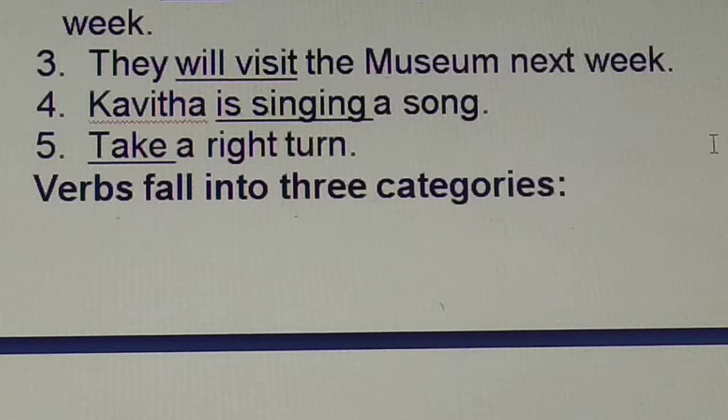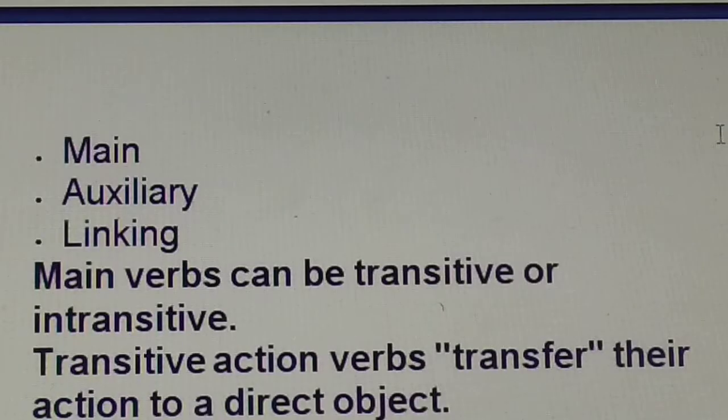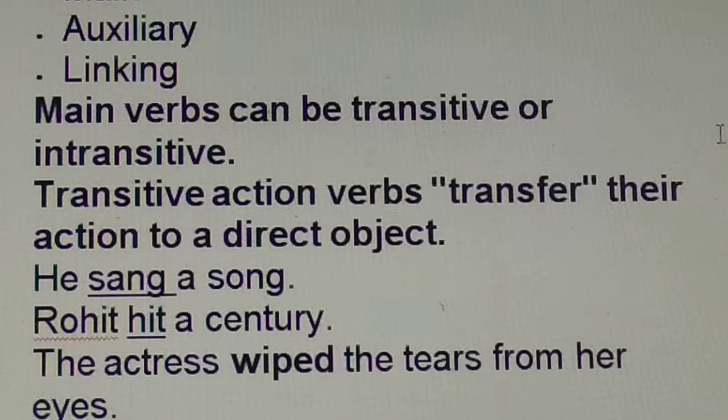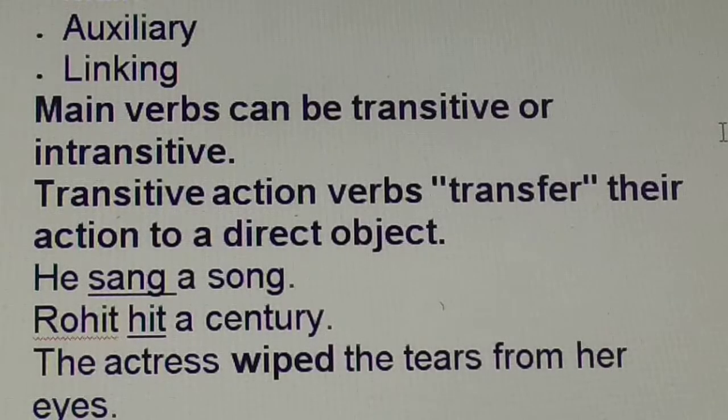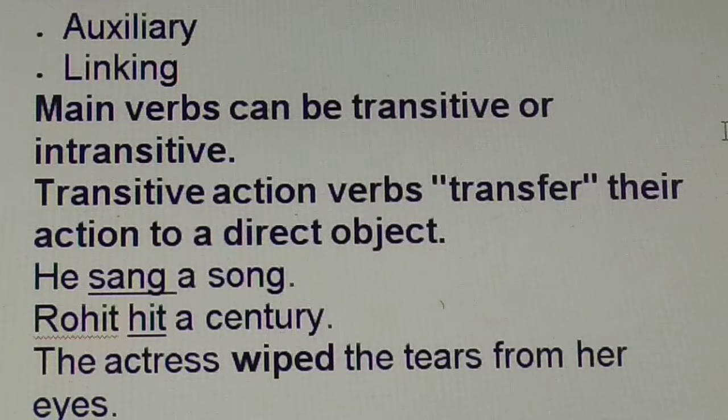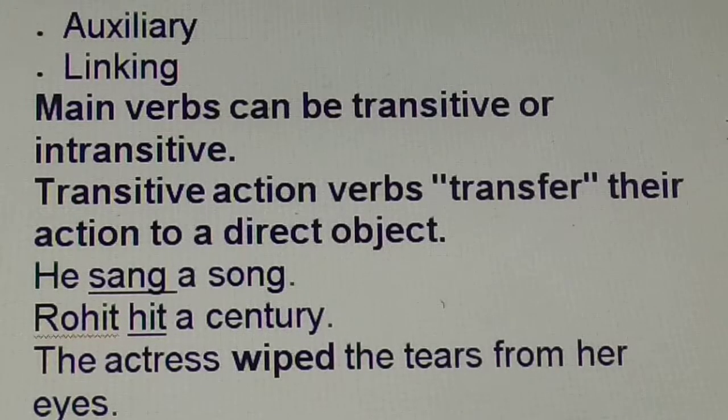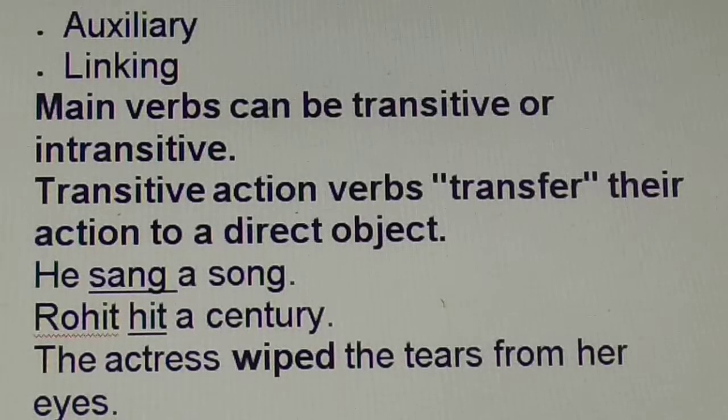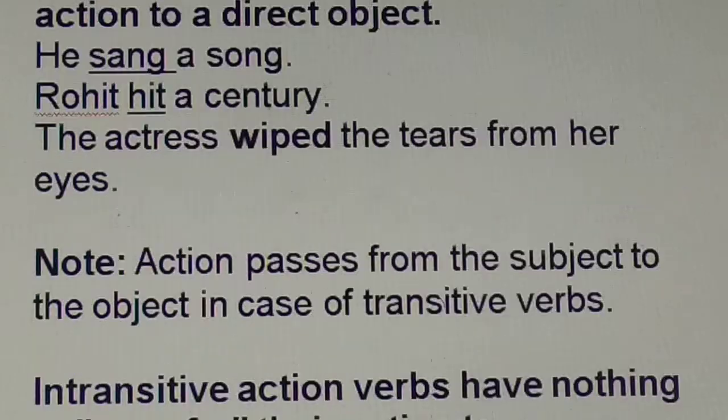Verbs fall into three categories: main, auxiliary, linking verbs. So transitive, intransitive, okay. Transitive action verbs transfer their action to a direct object, which does not happen so in intransitive. Action passes from the subject to the object. This is to be noted here.